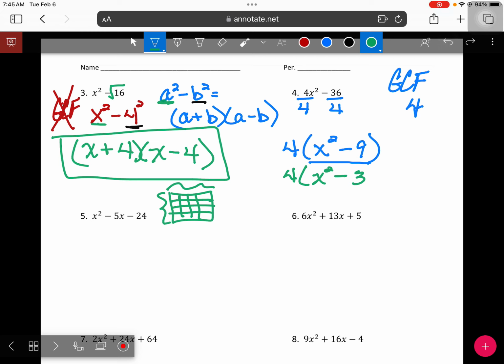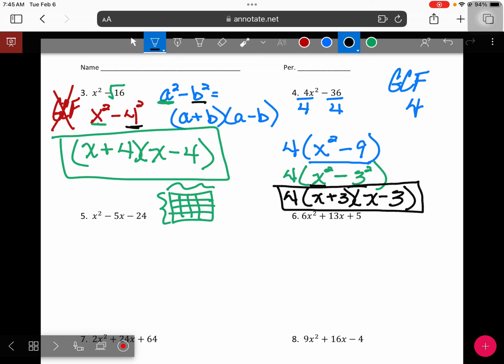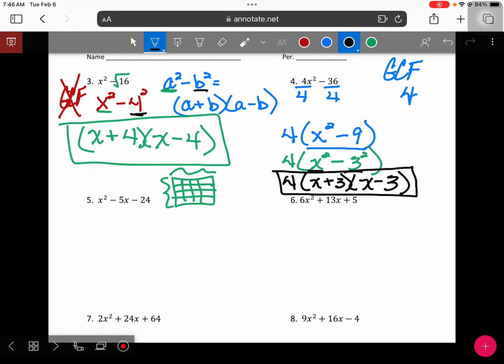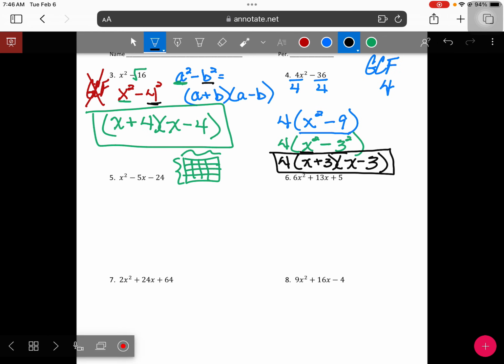So my answer here is going to be 4 times quantity x plus 3 times x minus 3. And this is your final answer. Do you see why I love difference of 2 squares? It's quick, right? Any questions on 4? What do you need help with on 4?